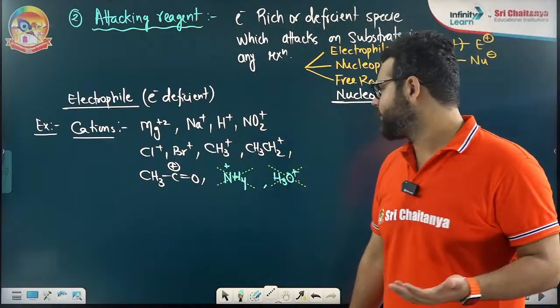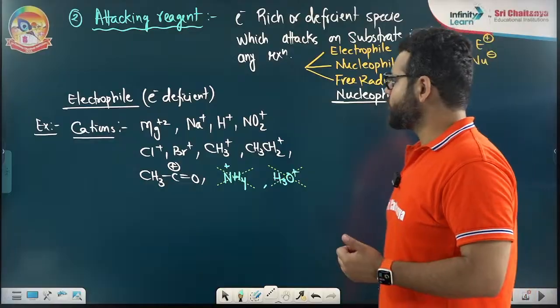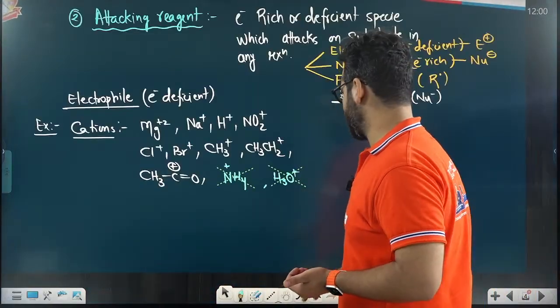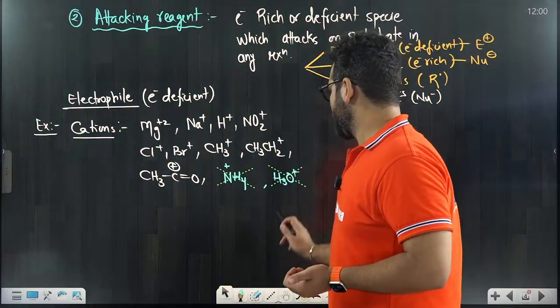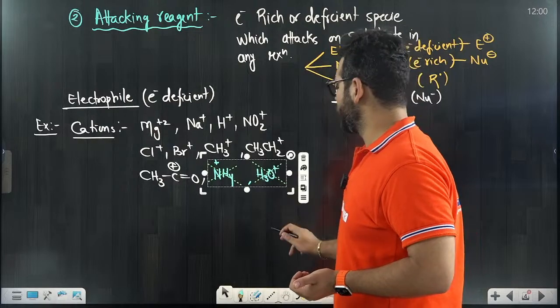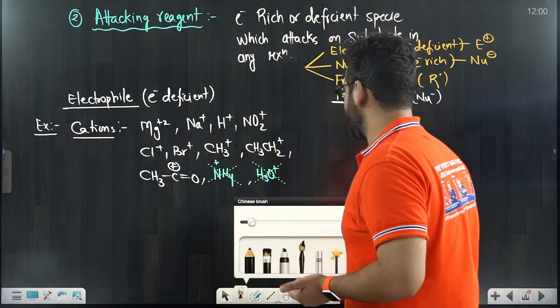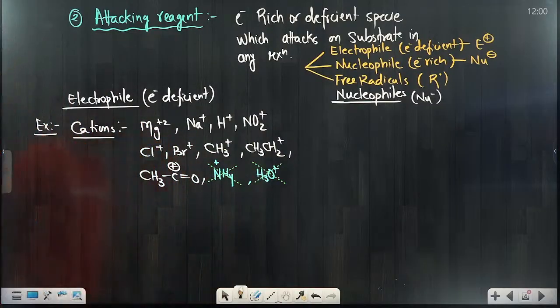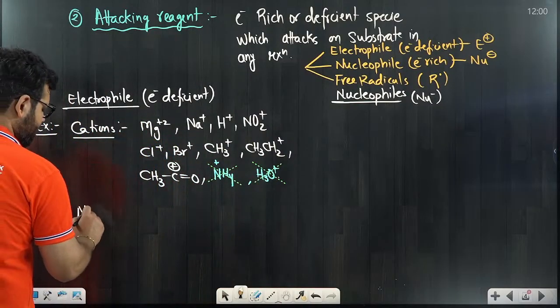It is not electron deficient. Nitrogen making 4 bonds is not electron deficient. This is something we should remember. NH4 positive, H3O positive. These are not going to be electrophiles. Then come neutral electrophiles.